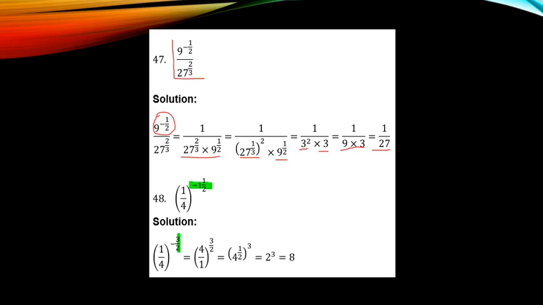To take away the negative sign, since this base is a fraction, you apply the second version of negative index, where you interchange the position of the numerator and denominator. If you do that, you have 4 over 1. The power is positive. See that?